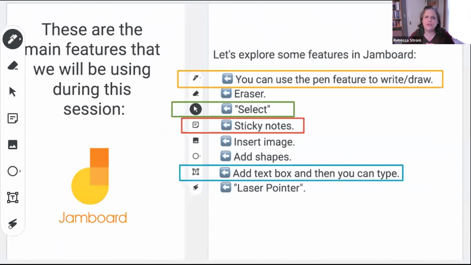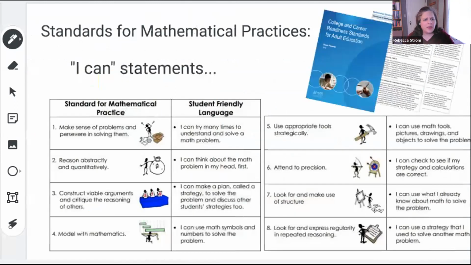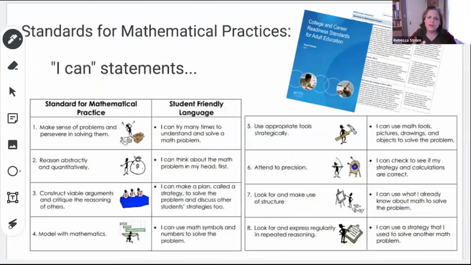Like I said, I tried to keep it simple for my students. Sometimes too many bells and whistles can get really distracting. I also have a page with the math practices in here because today we're looking at this from a learner's perspective, and how are we challenging ourselves to reason and critique and model and do all the things we want our students to do.